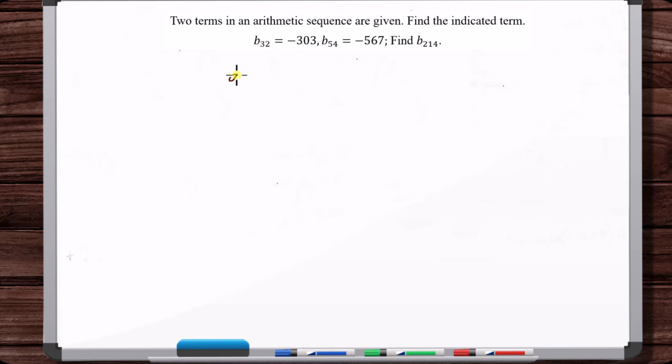So again, we know our formula for an arithmetic sequence is A sub 1 plus n minus 1 times d. They're giving us b here.